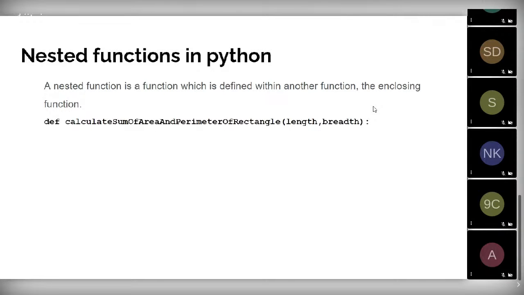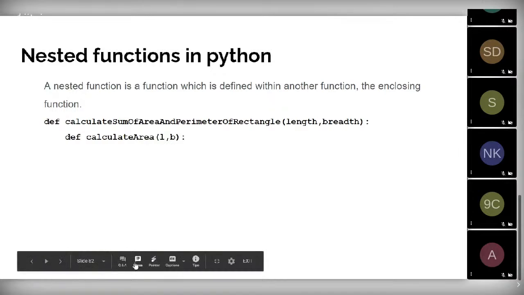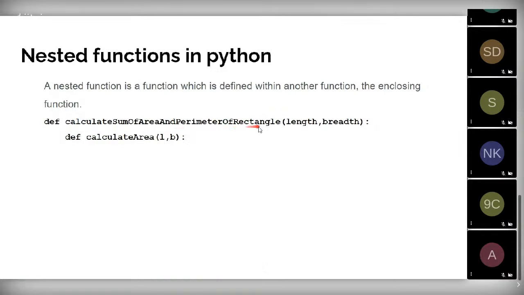So suppose that I am writing a program. First we are defining a function that calculates the sum of area and perimeter of a rectangle. So what we are doing here is calculating the sum of perimeter and area of the rectangle.